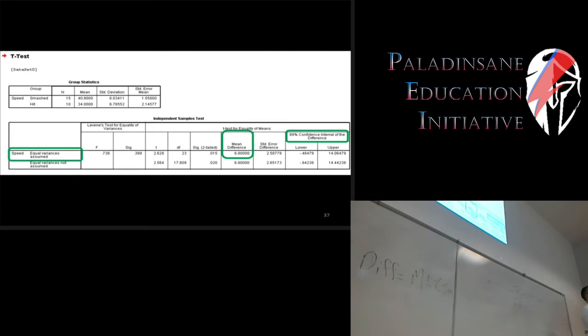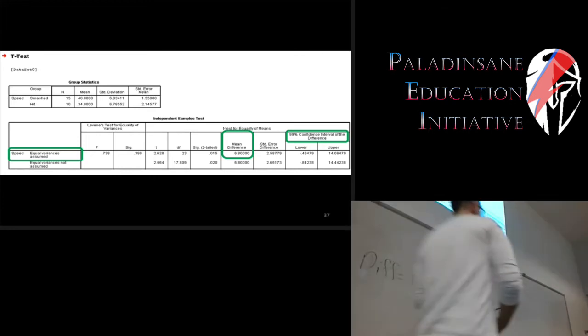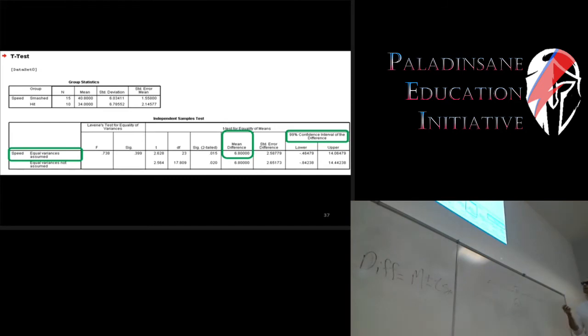Because we wanted to know how much was the speed overestimated? How much more did she remember because of the way that the question was phrased? Not what was her estimate, but how much more was it than her true memory? So that's a different confidence interval. For that, we get the mean difference, and very nicely, SPSS gives it to us right there.